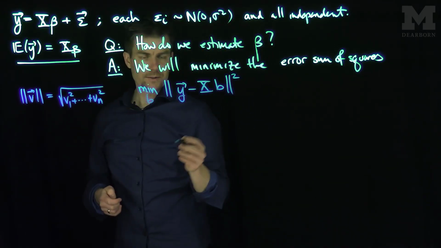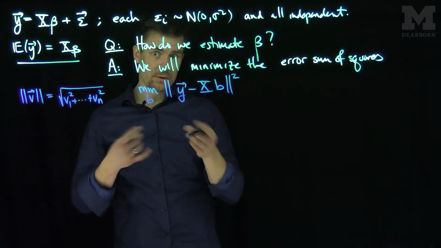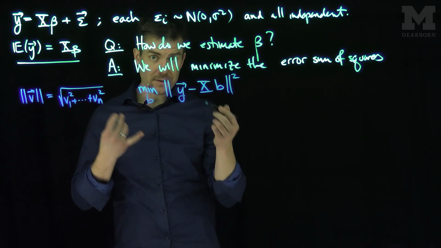Recall that if y is in the column space of the matrix X, then we can solve this explicitly. We just find the vector in the column space that solves this.